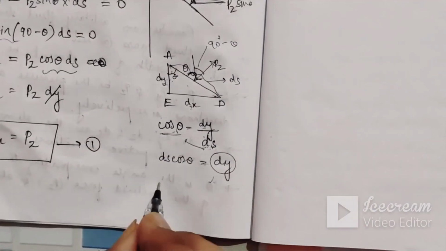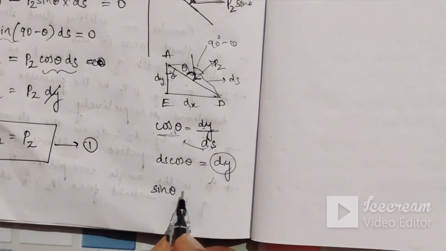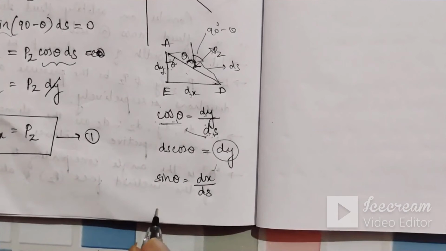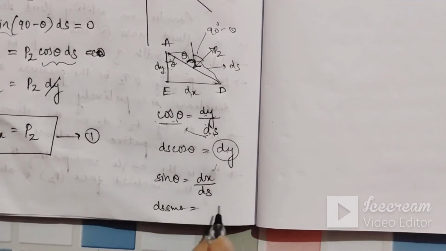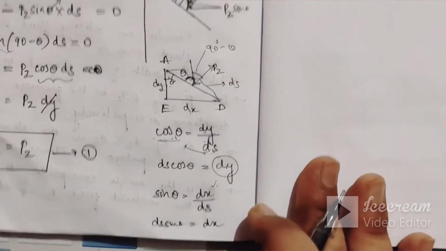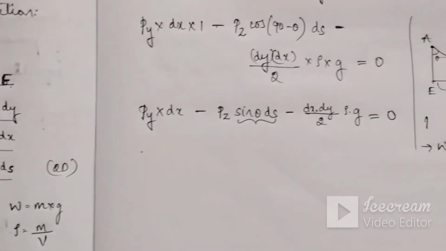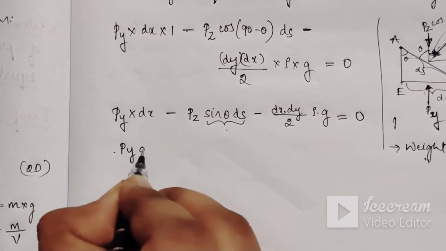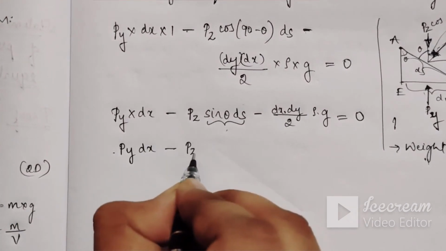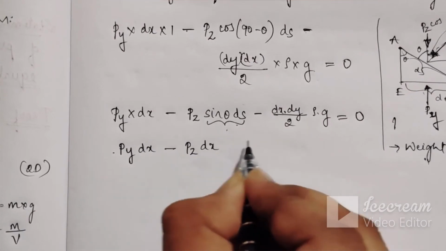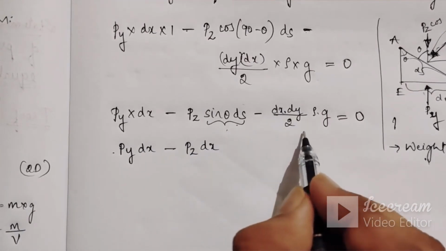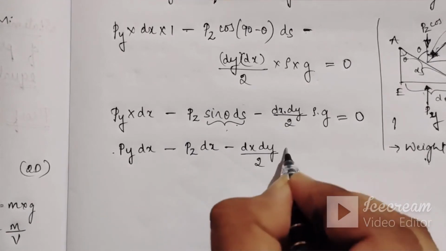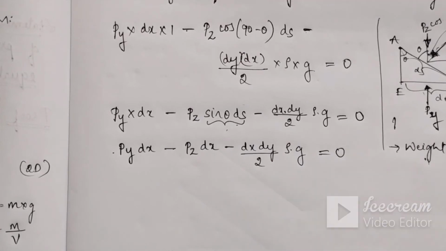If we take this term as sin theta, that is opposite by hypotenuse, dx by ds. Now what do I want? ds sin theta is equal to dx. Correct. Now see here, ds sin theta will become dx only, so py into dx minus pz into dx, and this is the weight of the element, dx dy by 2 into rho into g, is equal to 0.